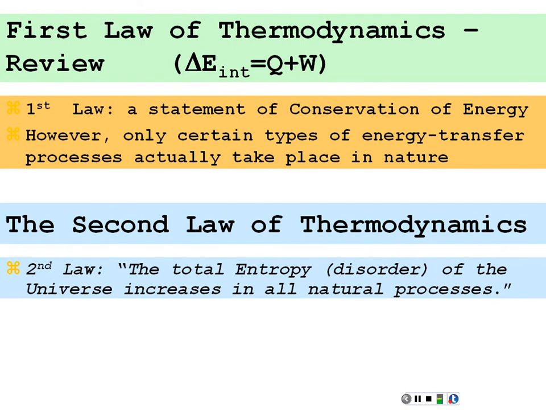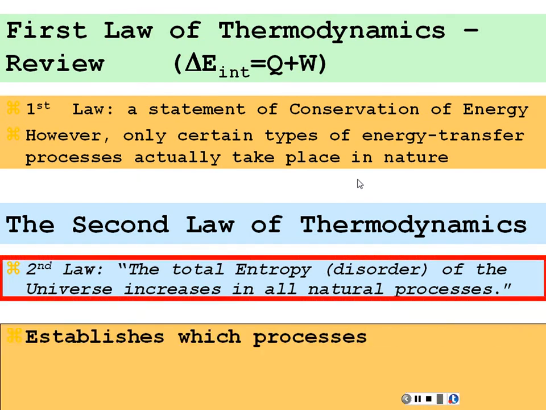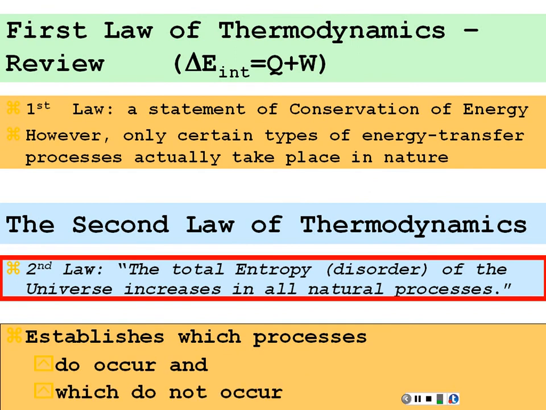So we can actually look to see that and determine what direction the process will go. This is the second law of thermodynamics, and it is a law of nature. So with this law, we will be able to establish what actually does occur and what won't occur in nature.